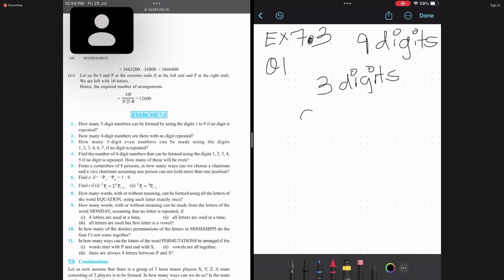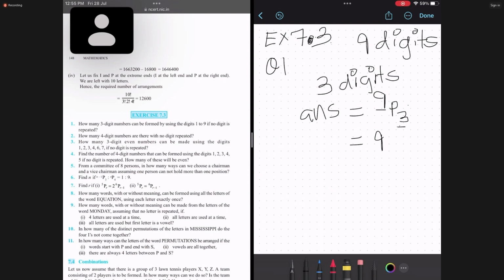So our answer would be nothing but 9P3, correct? Because you are using 9 digits and we have 3 places to fill. So we'll just write 9P3 because we want to permute these digits in any combination that we want, and we need to select them and fill them in a random order.